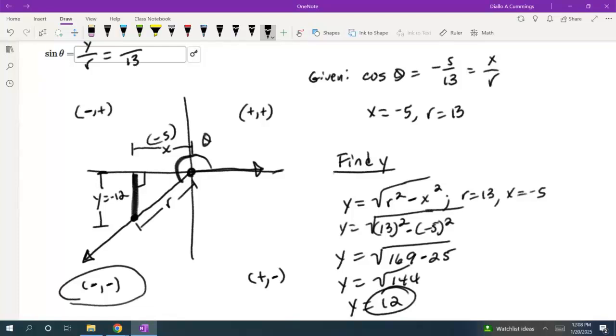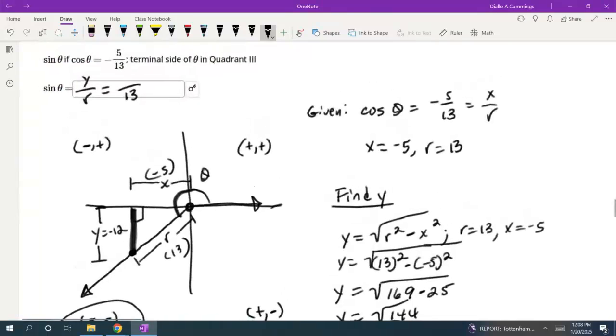So y is -12, and r, which is always positive, is 13. Here is why the triangle sketch is so important: you can catch those sign values. I got positive 12 in the math, but my sketch shows me that it should be negative. So I'm going to substitute y for -12. So that means that the sine of theta should be -12 over 13.